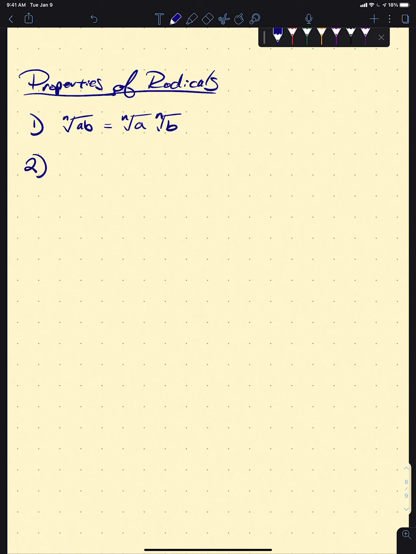Two, just as with the last one, since division is just a fancy form of multiplication, if we're taking the nth root of a over b, well, that's simply the nth root of a divided by the nth root of b. This one's a little bit more interesting.